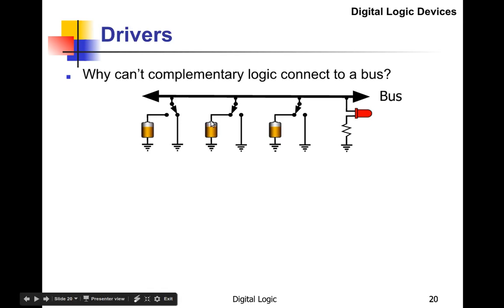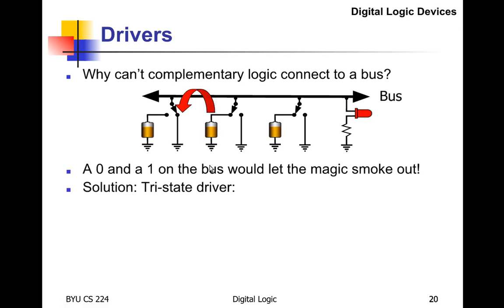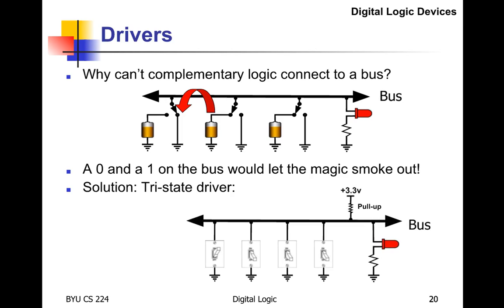This guy says, I want the bus to be high, and this guy says, I want the bus to be high, and there's going to be a short directly from the battery right here over here to there, and it's going to draw a tremendous amount of current until it burns something up. There's the current. So one of them, there's an argument about who's going to win, and as they say, lets the magic smoke out. So what you need is a tri-state driver, or you can use pull-up resistors to do that.